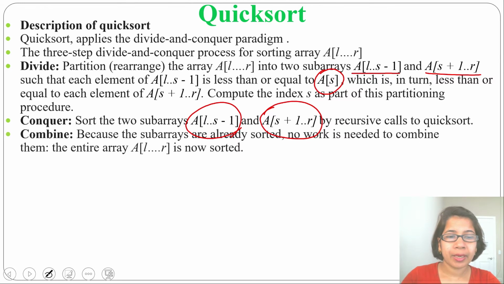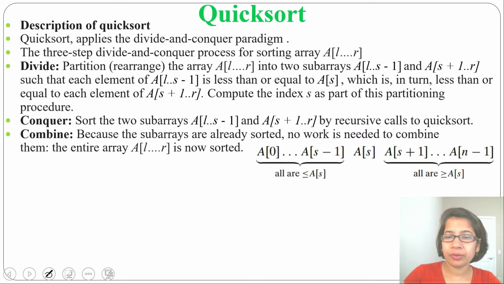Next is combine, because these sub-arrays are already sorted. Every time we do a partition, this A of S is already sorted, so no work is needed to combine them. Now the entire array is sorted. So in the divide stage, we are dividing the array in such a way that A of 0 to S minus 1 should be less than A of S, also less than A of S plus 1 to A of N minus 1.